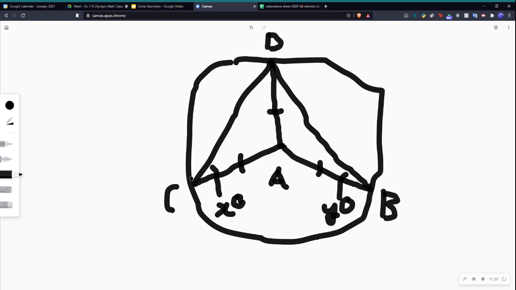So we have DAC, that's an isosceles triangle because we have two equal sides. Same thing for BAD, or DAB. And if we have two equal side lengths, we also have two equal angles. So that means that this angle right here is also X because it's an isosceles triangle, right? And similar thing for the BAD triangle, we have angle Y right here.